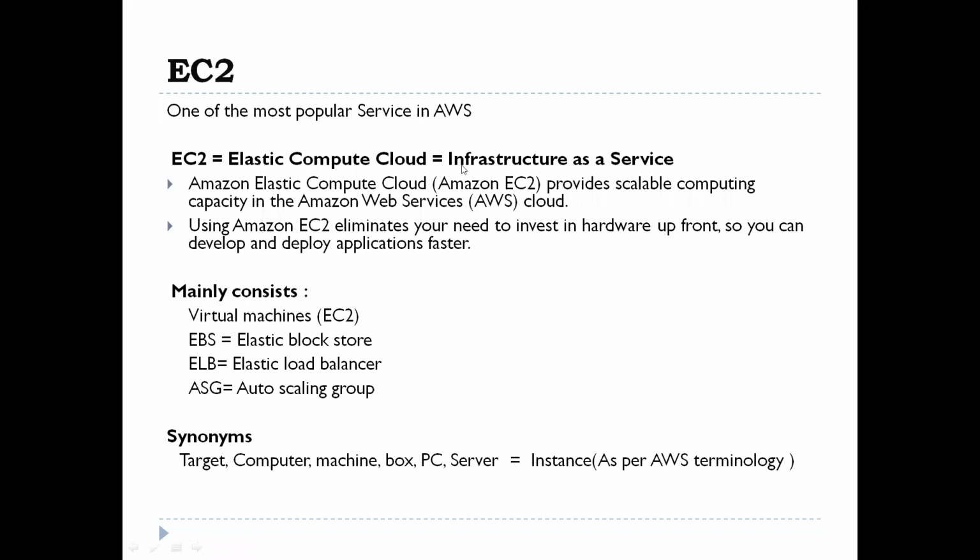It is under infrastructure as a service. If you want to know about infrastructure as a service, please go through my previous videos. Amazon EC2, Amazon Elastic Compute Cloud, provides scalable computing capacity in the AWS cloud.